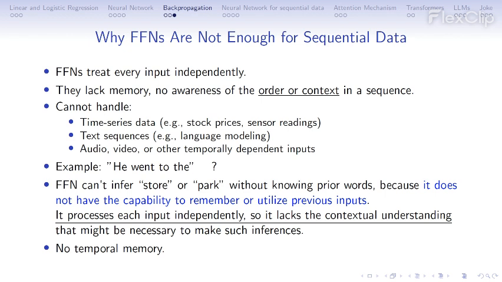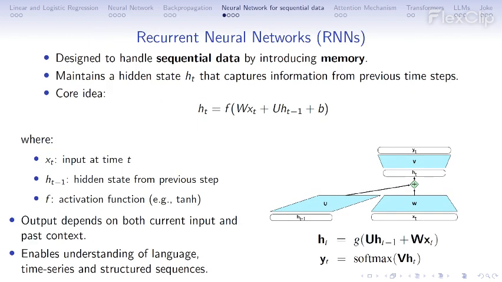To solve a temporal problem, there is an idea of adding some component to this feed forward network and come up with the idea of recurrent neural network or RNN. So RNN are designed to handle sequential data by introducing memory, or the idea of short-term memory, and maintain a hidden state or HT that captures information from previous time step.